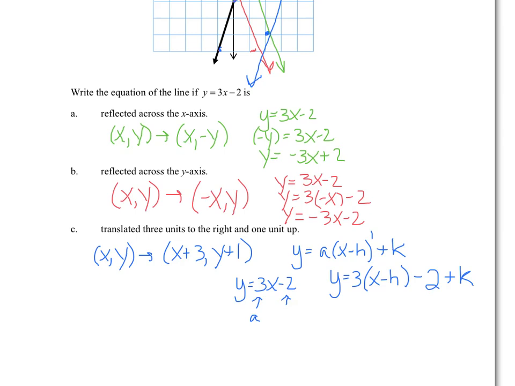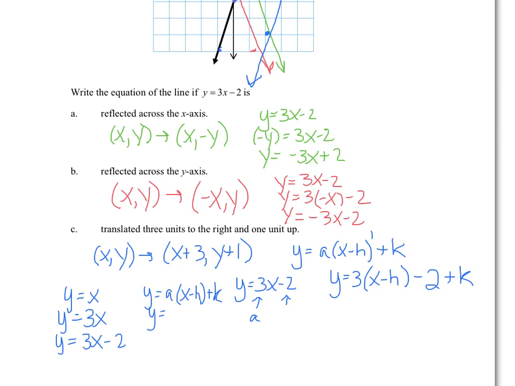We have to keep in the minus 2 part, because if the y-intercept was at the origin, we'd have a function like our parent function, y equals x. We know that we have a slope of 3. So we also know that we're going to be taking away 2. So with y equals a times (x minus h) plus k, our parent function is y equals x.